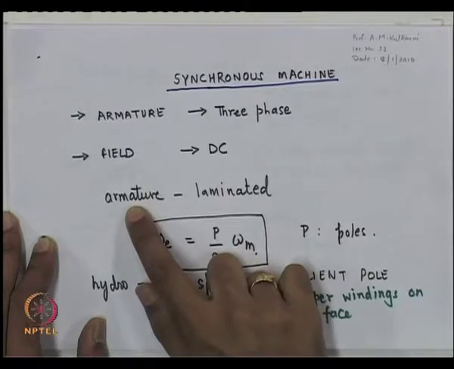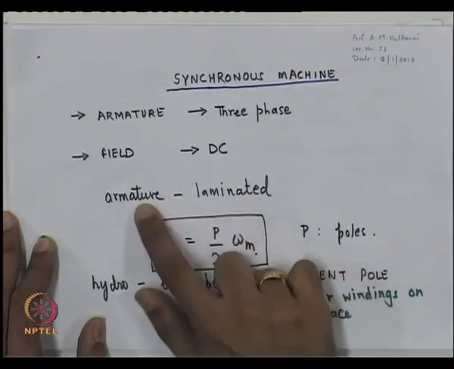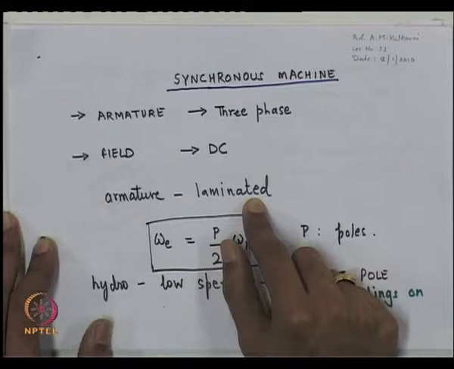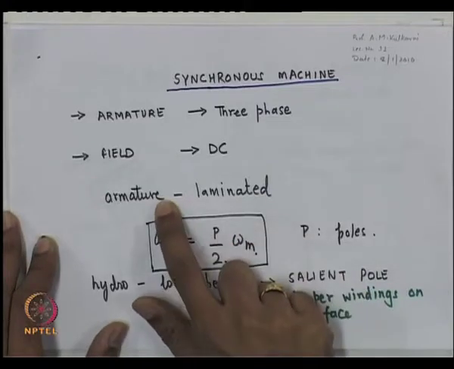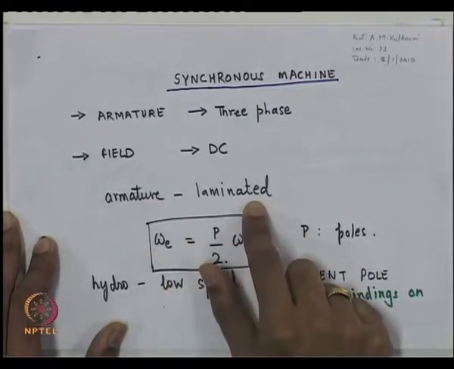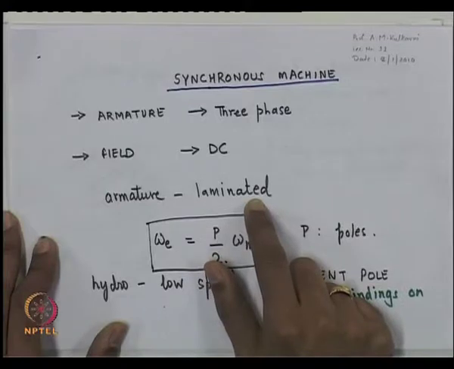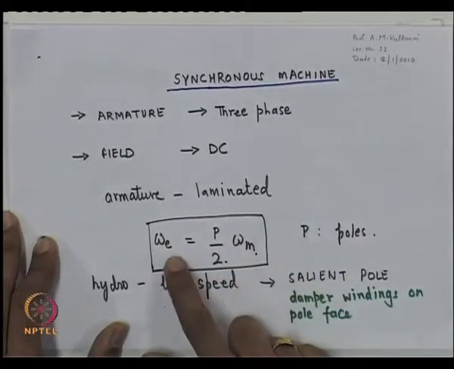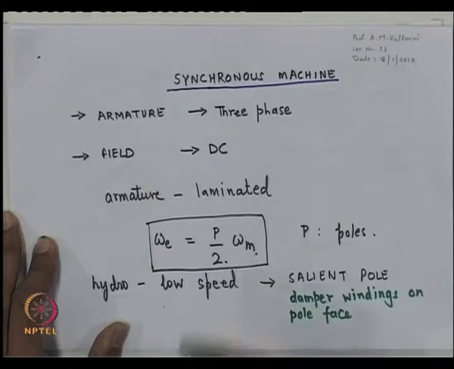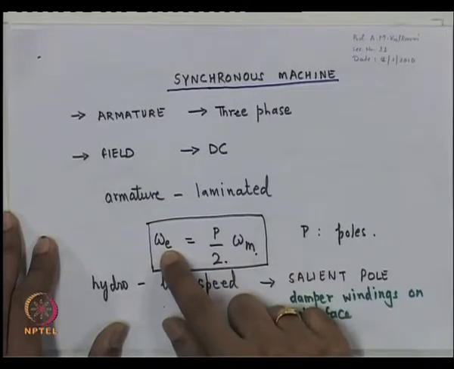The armature is laminated because the armature windings which are housed on the armature see a time varying flux.